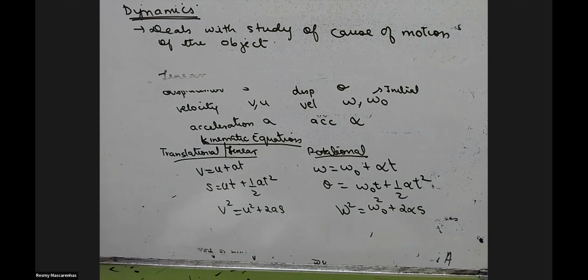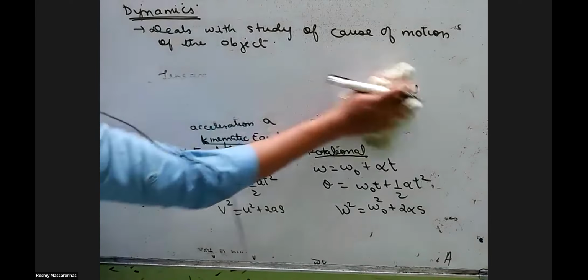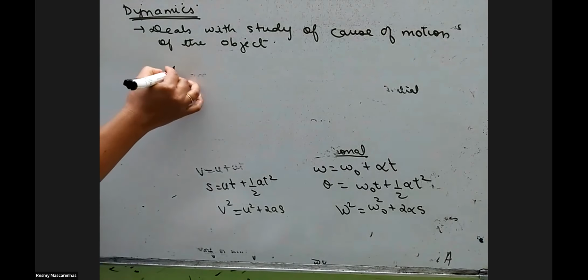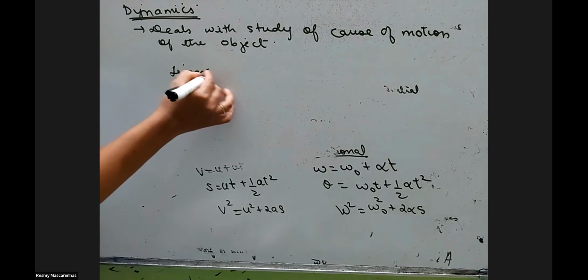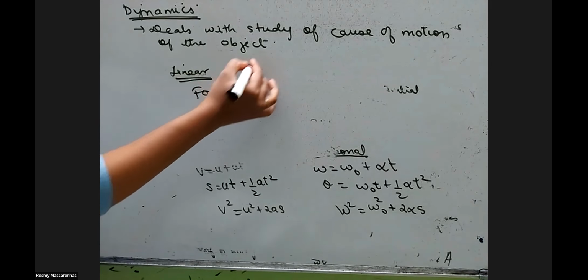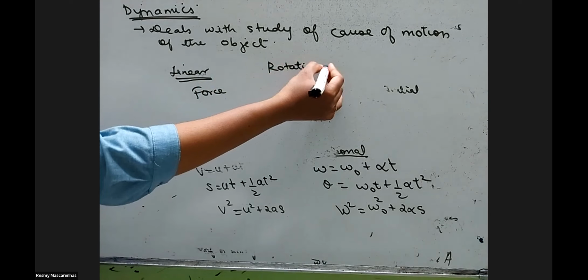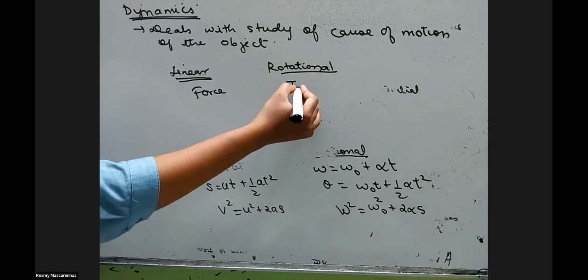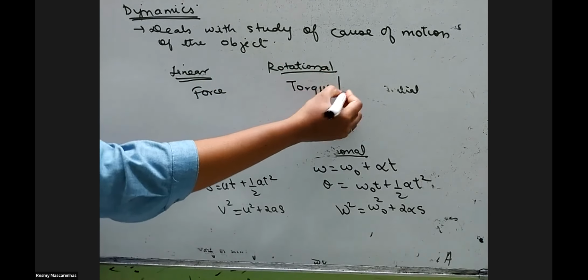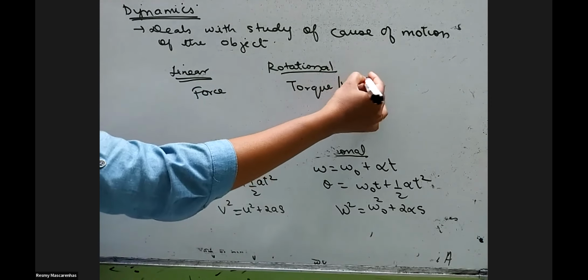Here, what is causing the motion? That is dynamics. The only thing that can cause it is an external force. So in linear we used to use the word force. Here we'll have to use the word torque, or basically the work done by torque.